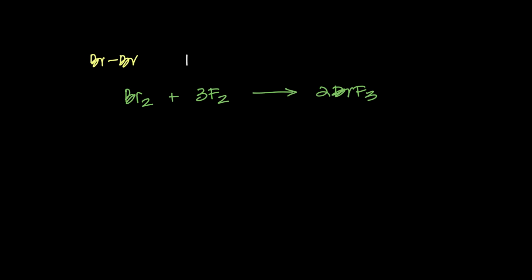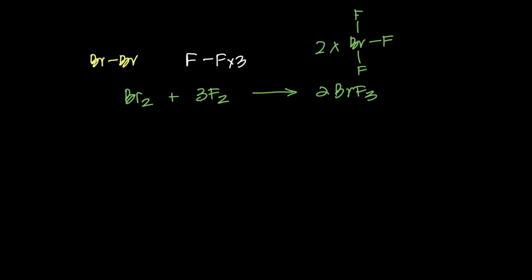F2 is F single bonded to F, 3 times. While 2 BrF3 is 3 bonds each, because it says BrF3. That must be this shape, twice, this structure.